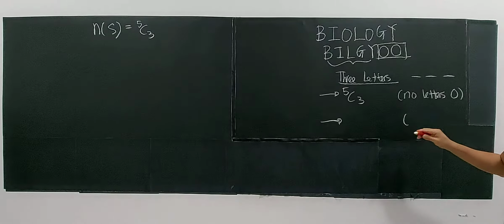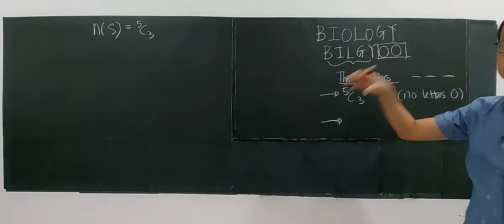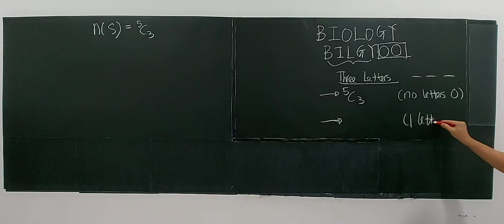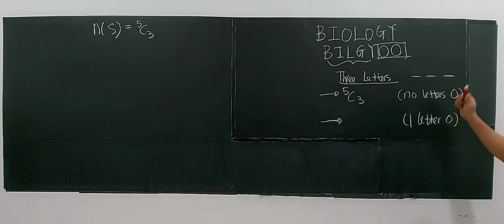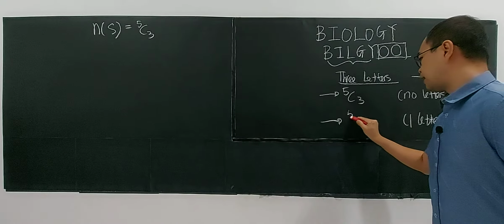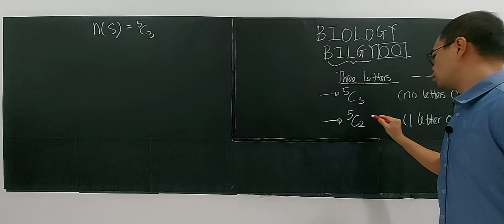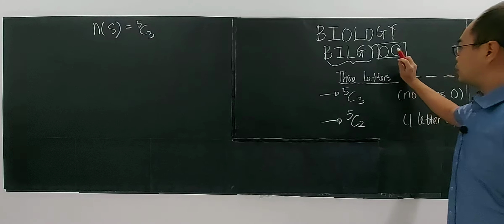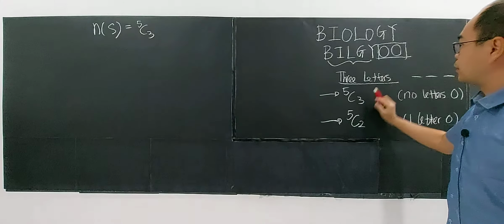The second possibility will be one letter O. Maybe you're choosing one letter O inside. One letter O means 5C2. I don't write 2C1, because these two are the same.